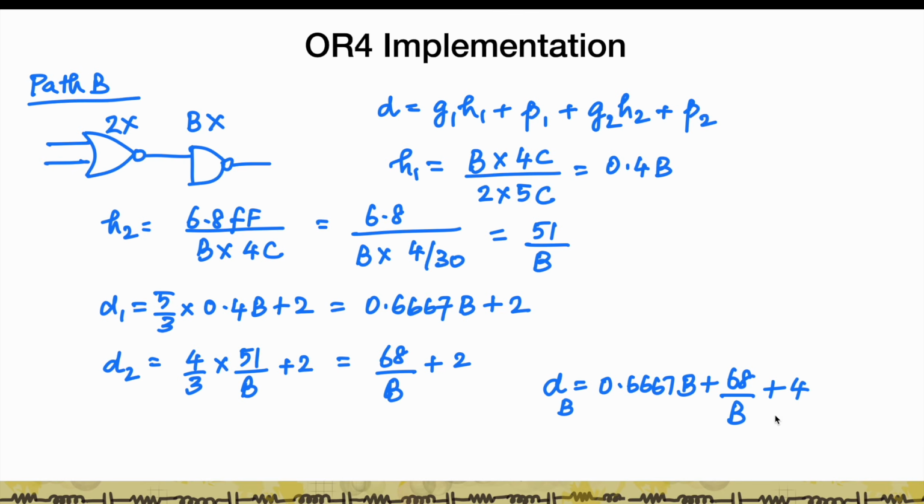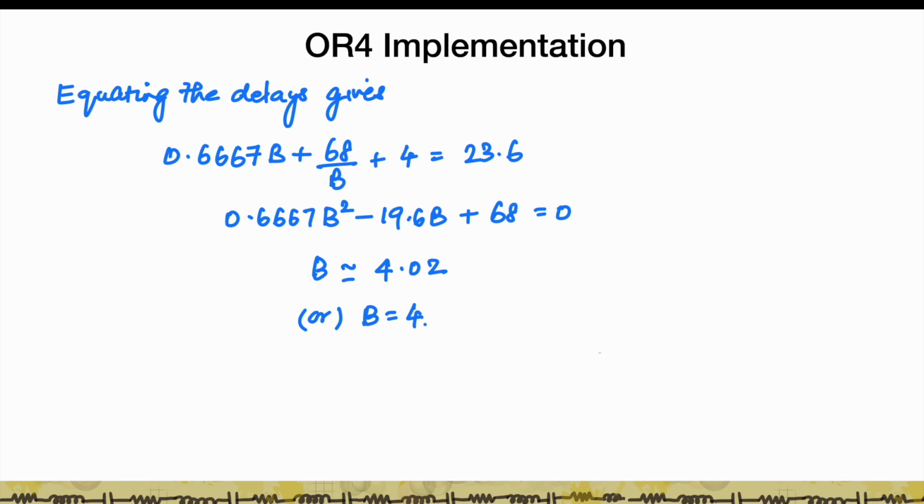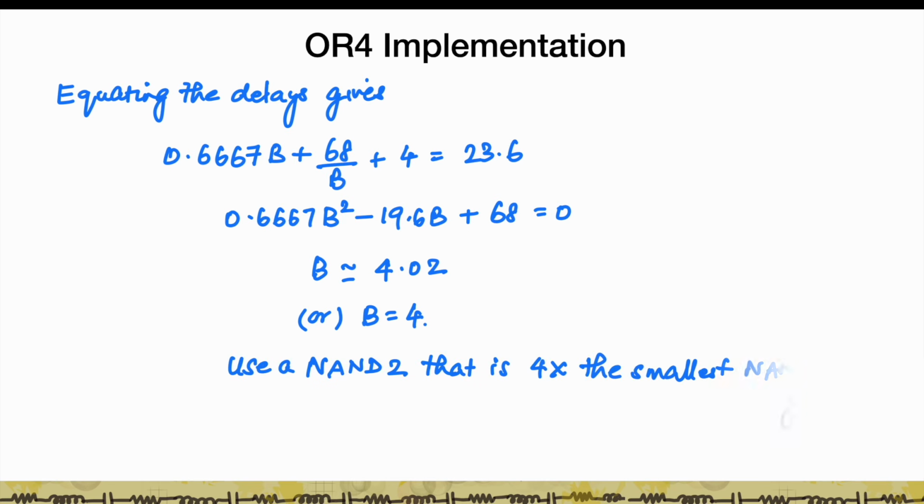So I need to now find the value of b such that this path delay matches the other delay. So when I equate the two, I get a quadratic in b, which I can solve to get the value of b, which is roughly 4. So this tells me that my NAND2 that I'm going to use has to be roughly 4 times the size of the smallest NAND2 gate in this technology.